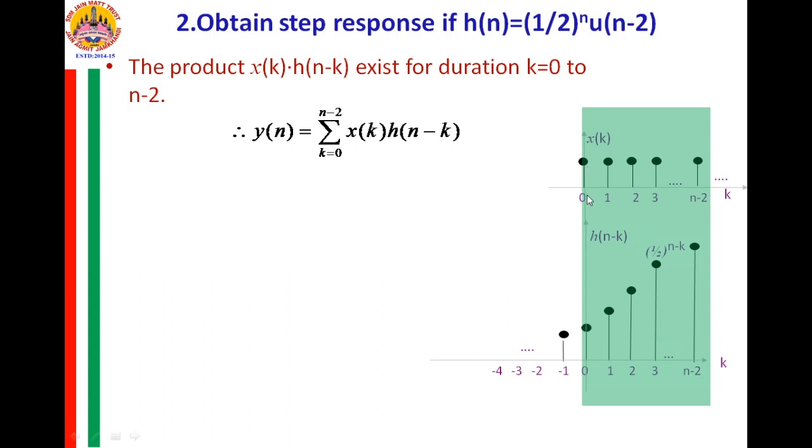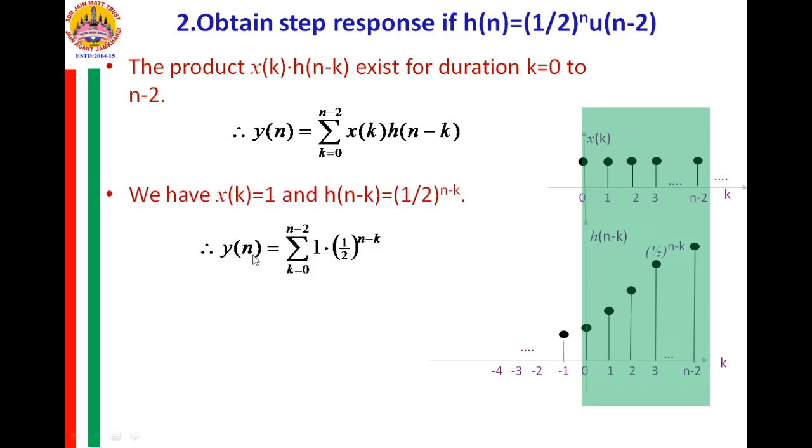Now, what are the amplitudes of x[k] and h[n minus k]? x[k] is 1 and h[n minus k] is half raised to n minus k. So, substituting that in the expression of convolution here, we get y[n] equal to summation k from 0 to n minus 2 of 1 by 2 raised to n minus k.